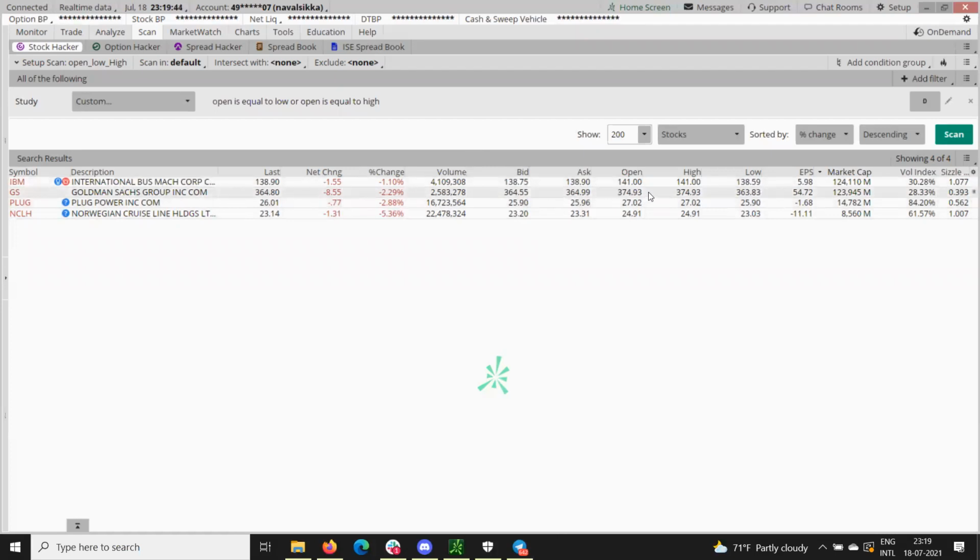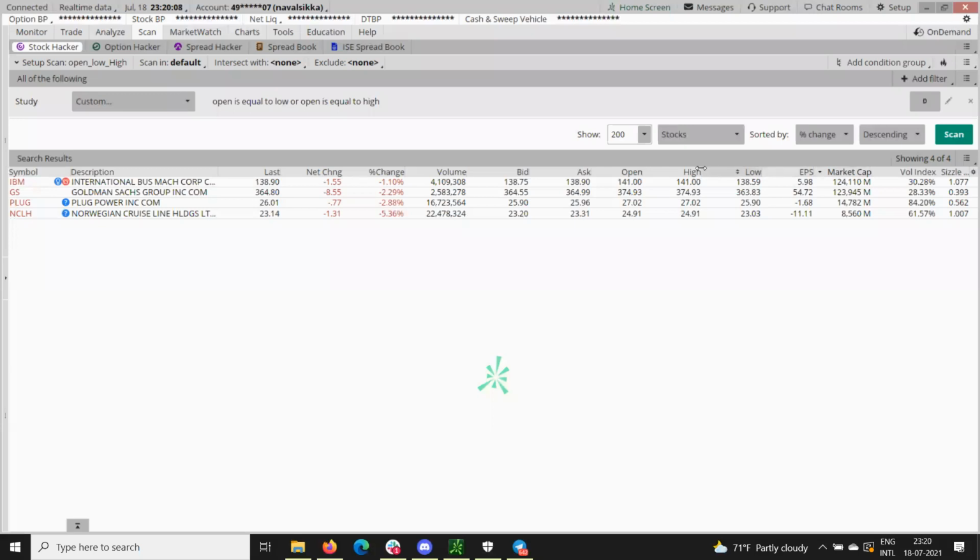This is a very basic scanner, but it works. It looks out for common things in the price: open, high, low, and close.